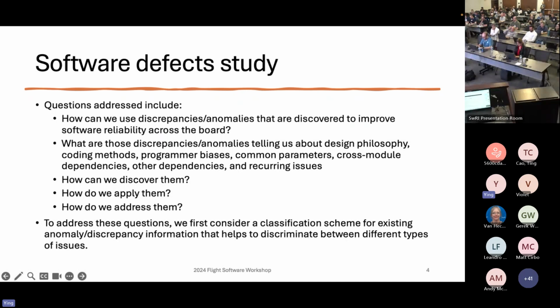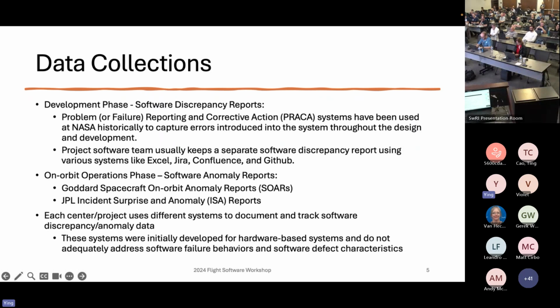In order to address those types of questions, we first need to consider a classification scheme for the existing anomaly and discrepancy information that can help us distinguish between different types of issues and different types of defects. So let's look at what kind of data we have already collected.